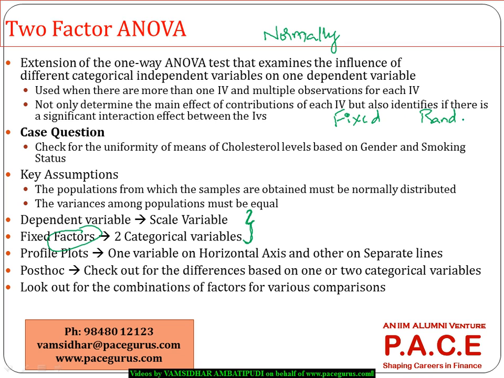As we have discussed, a factor is nothing but a categorical variable. In some cases, a categorical variable will have a fixed set of values. For example, gender: male, female, it cannot be anything else. Or in case of smoking status, never smoked, occasionally smoked, heavy smoker. There may not be anything else omitted, so in this case they are called fixed factors.